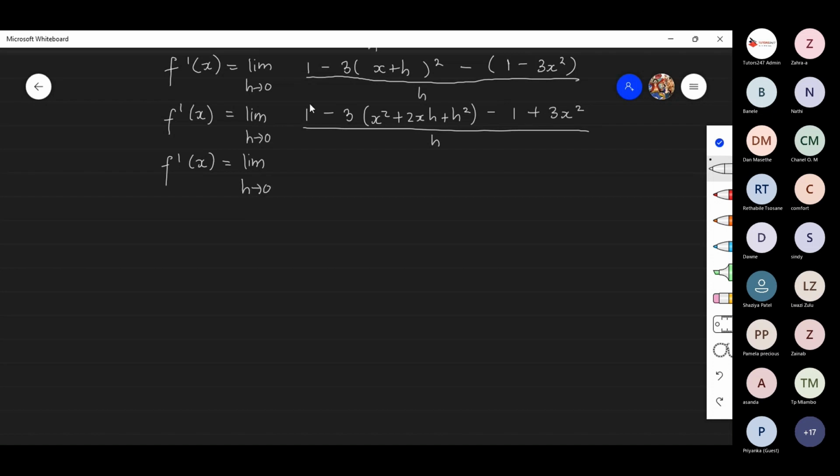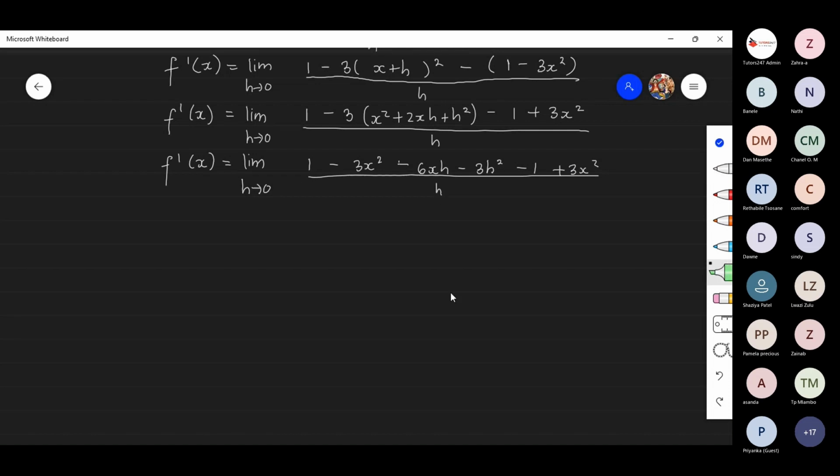Okay, so from here, just as before, all we are doing is simplifying our numerator. So this is going to be 1 minus 3x squared minus 6hx minus 3h squared minus 1 plus 3x squared all over h.